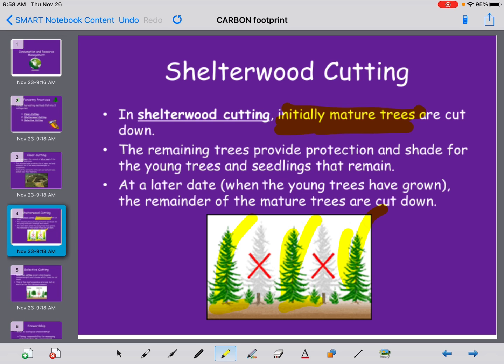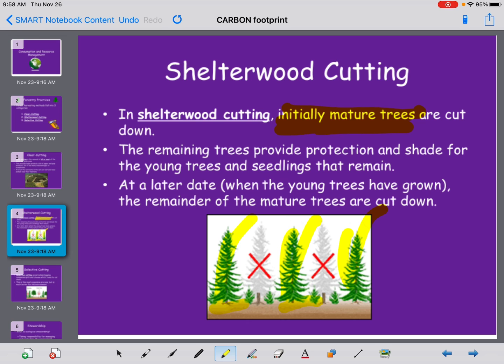So they may get damaged. The other downside to this is that it takes a really long time to do this process. You have to imagine people have to go out into the forest and essentially pick and choose which trees they're cutting. So it's a much longer process than just cutting everything down.